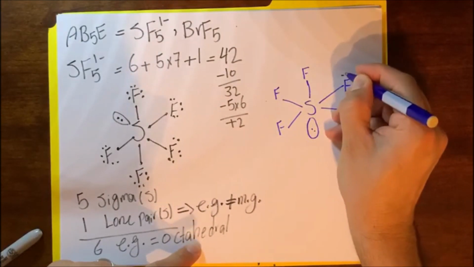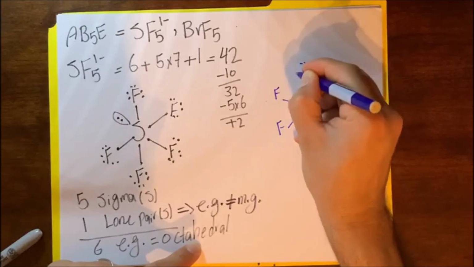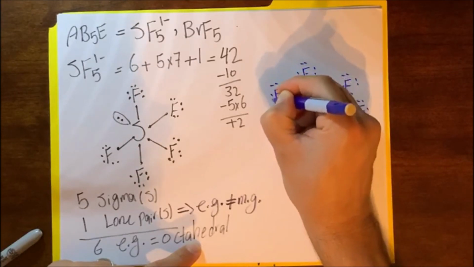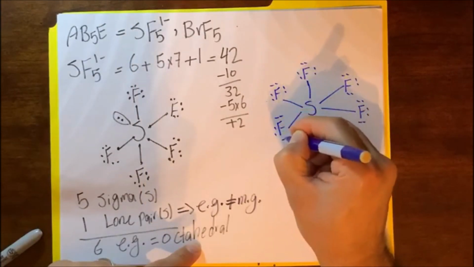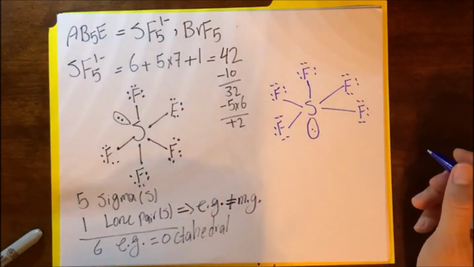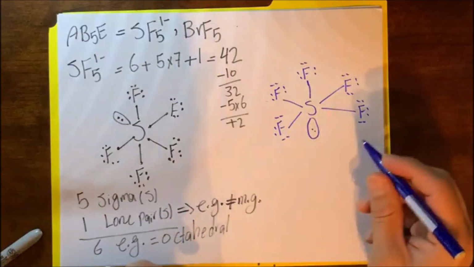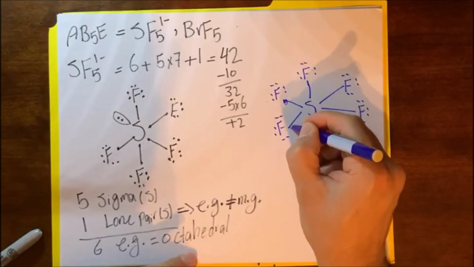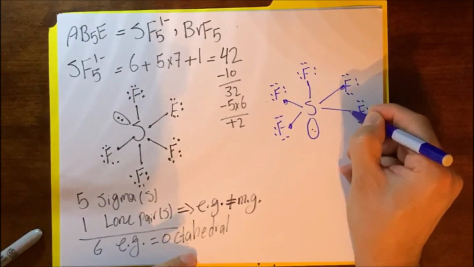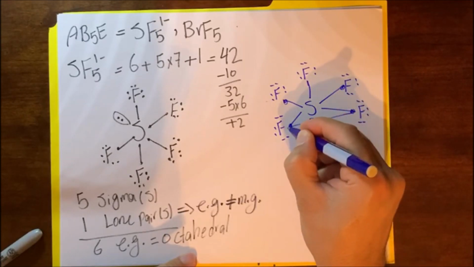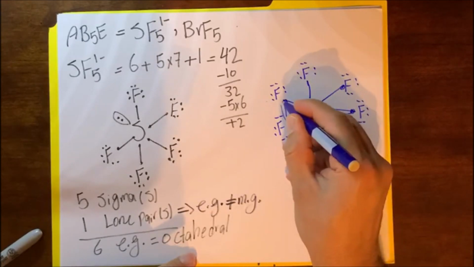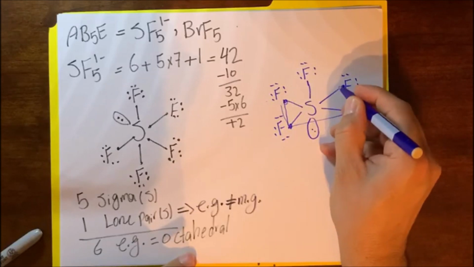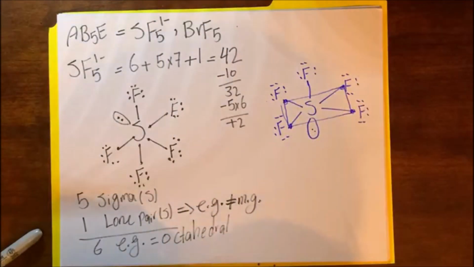Show the lone pair for each fluorine. Okay. So now, if you look at the geometry, you see 4 of the fluorines will form a base for you.